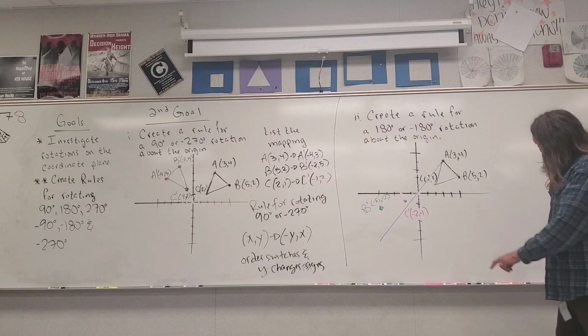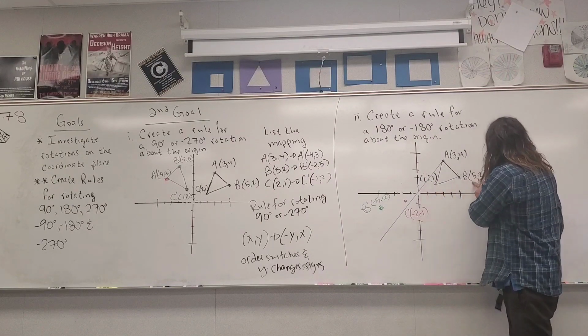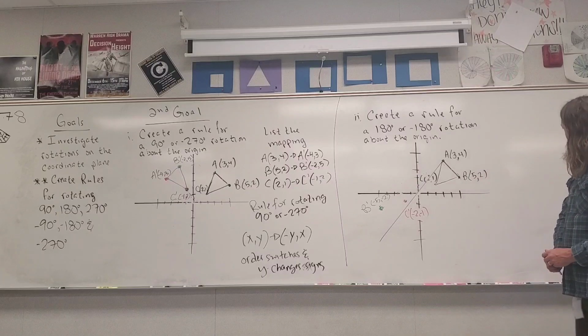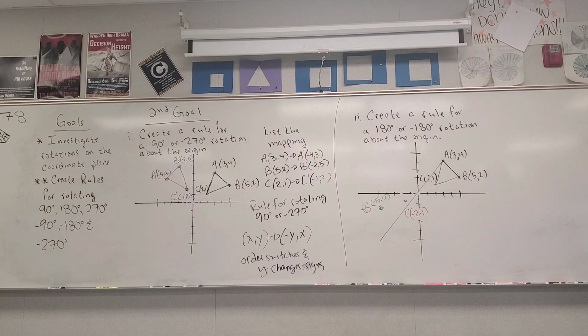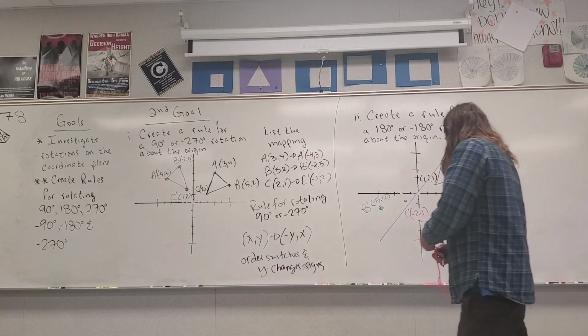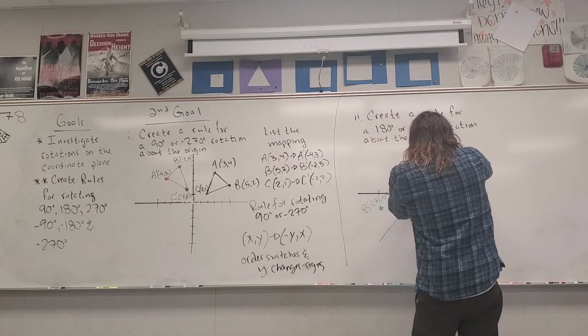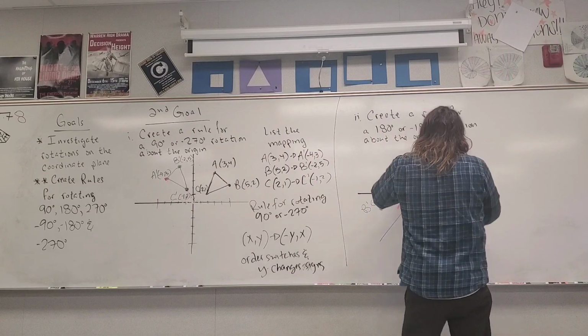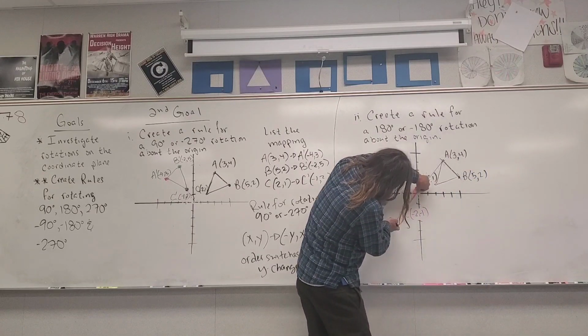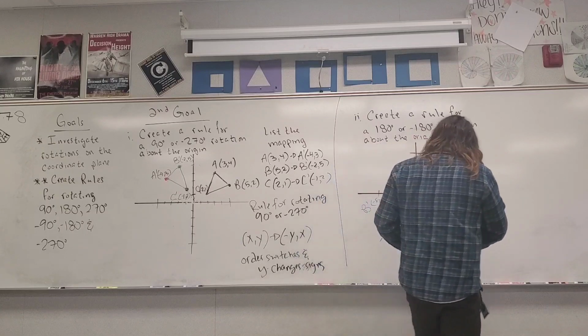So what it looks like is the order of the points are switching and the signs are changing. So hopefully that works for A prime in this terribly drawn graph that I drew. Hand-drawn graph. I should have taken the time to draw it even more accurate. Mental note, next time you do this, do that. Looks okay.